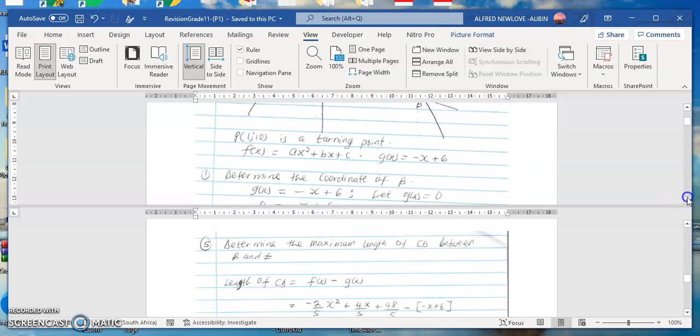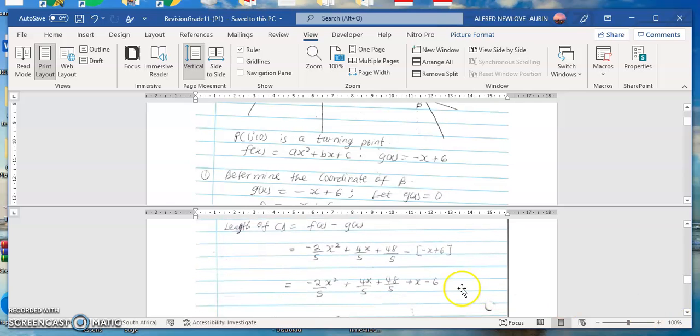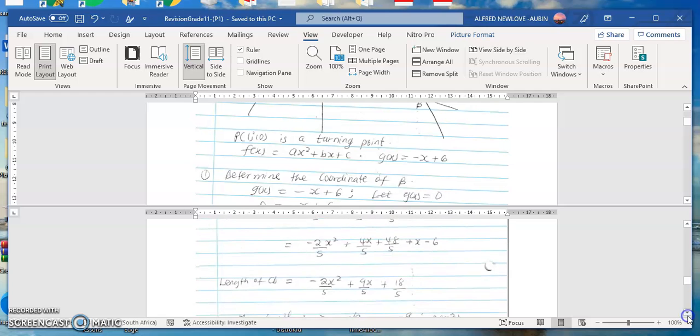It was given here as G. So if you simplify this one, this is going to be plus and this is going to be minus. If you simplify, you are going to get this, because if I add this and this is 1, I'm going to get this, and this and that is going to give me that one.